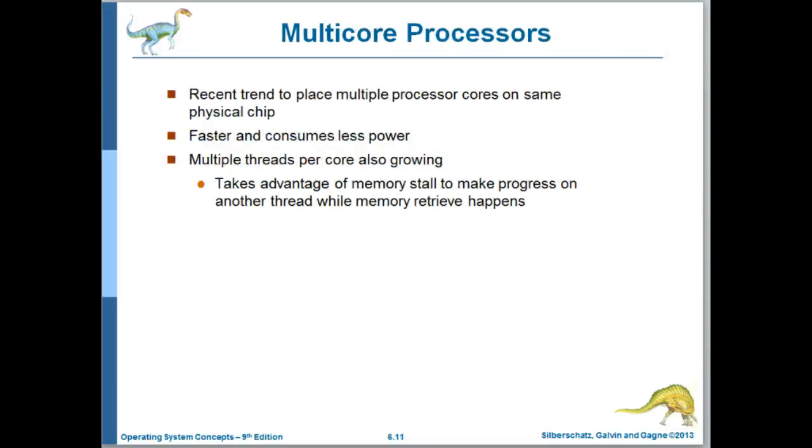So to try to hide memory latency, because a CPU can be forced to stall if it gets a cache miss and has to go to memory, we're seeing process state or architectural state on processors being replicated so that a processor can switch between threads.